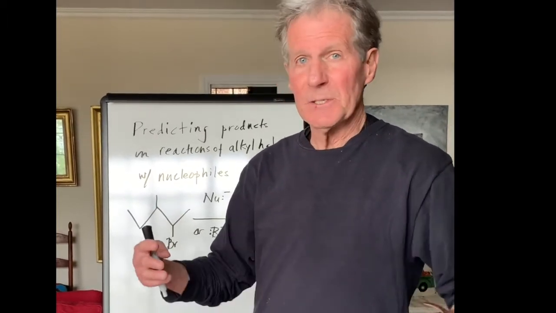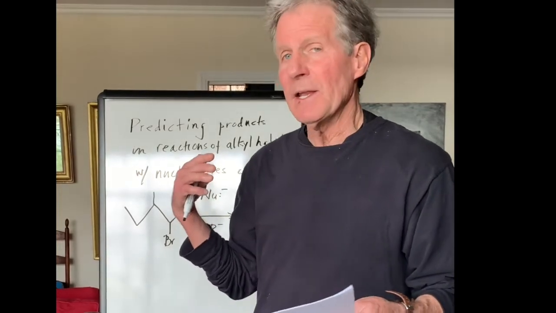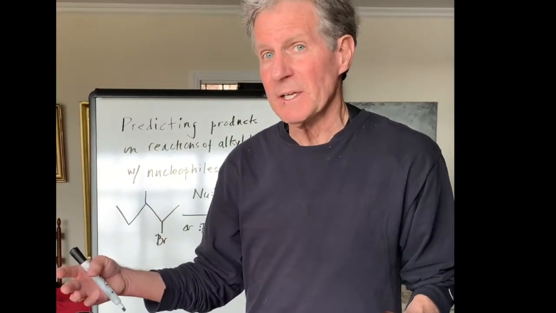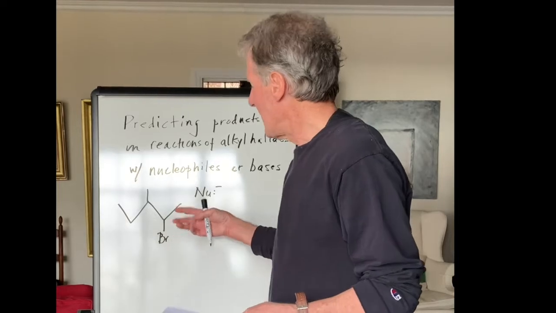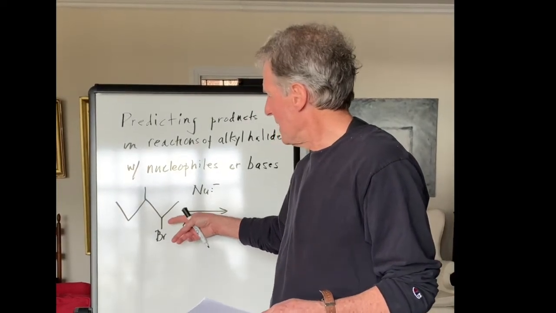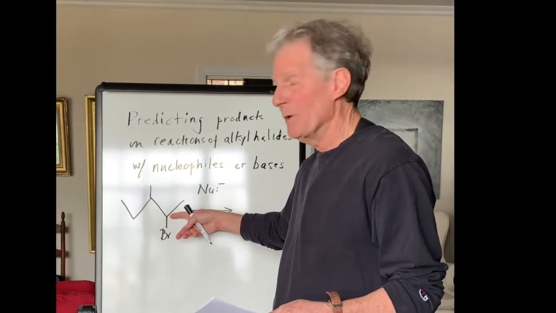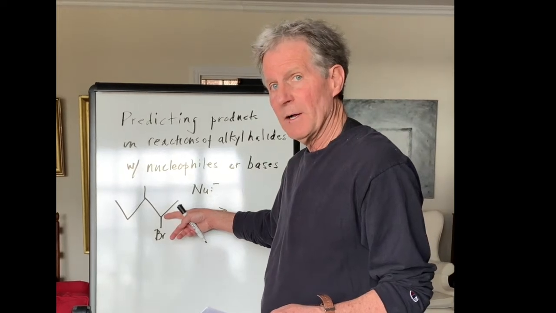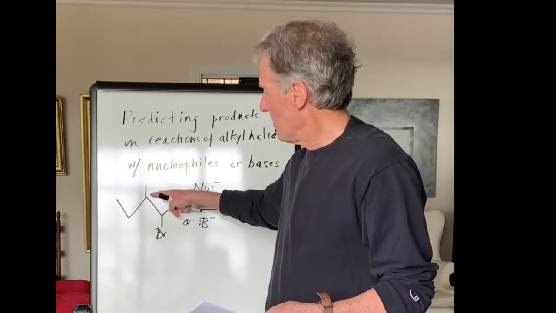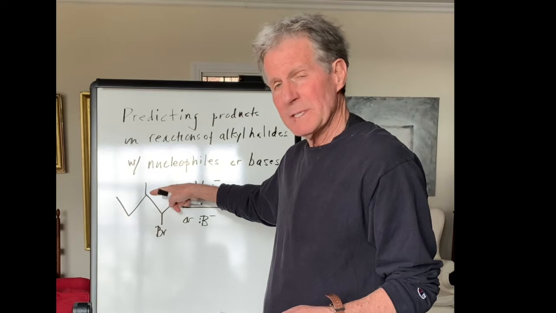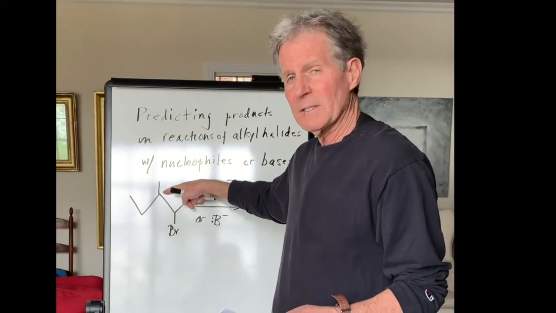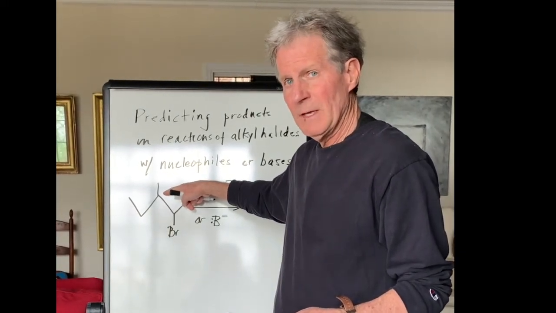Is it skinny or is it broad? And it also depends upon what its target is. Is the target accessible, such as that carbon, which might be a good target for a nucleophile? That carbon, the tertiary carbon, would not be such an attractive target for a nucleophile.